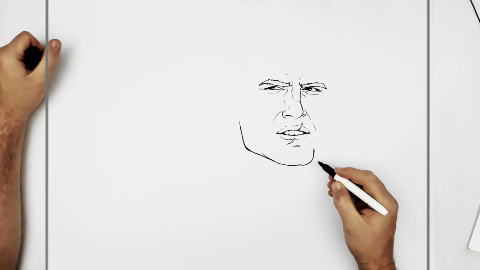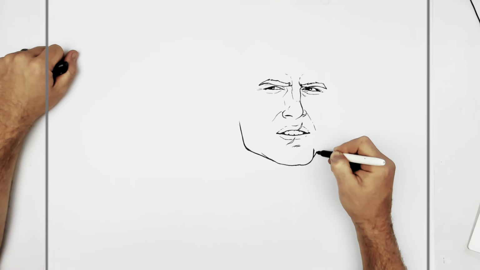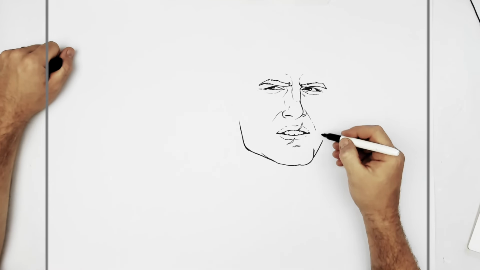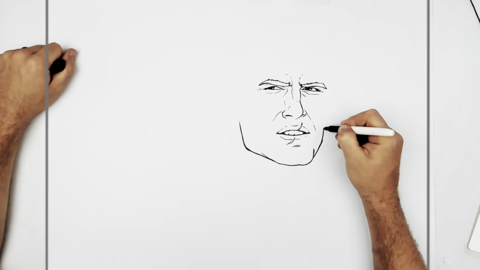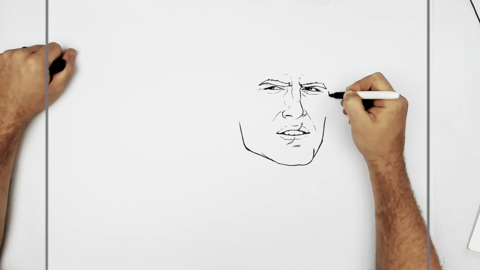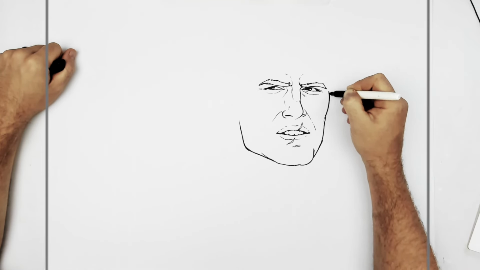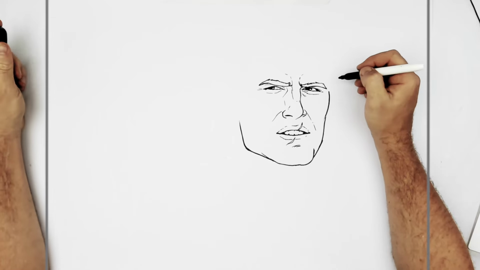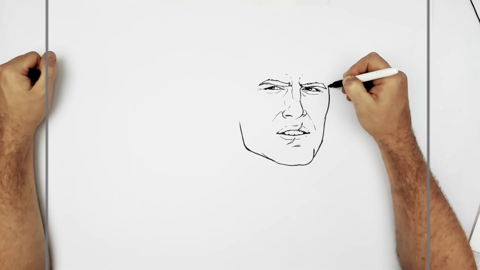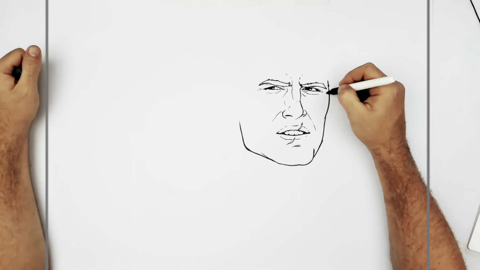Down there. And then jaw on this side kind of goes up this way. And then his cheekbone kind of sticks out here. We start to get his hairline then sort of going up that way.